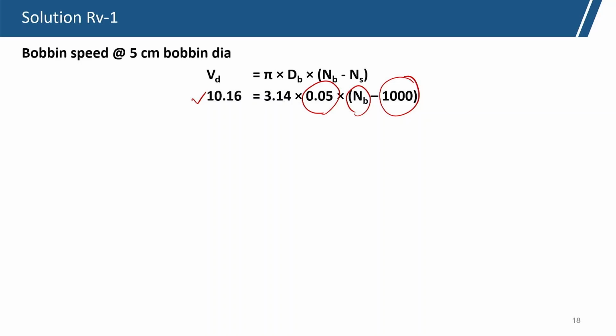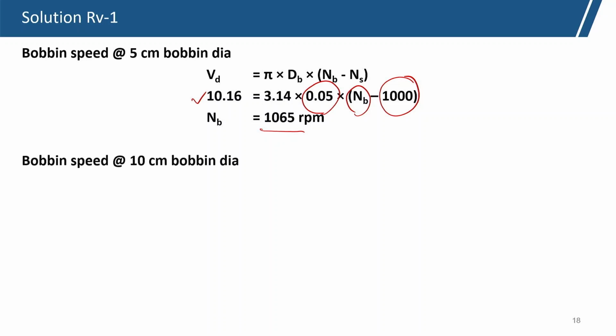So, from this equation we can calculate the bobbin speed at 5 centimeter diameter, and it is coming out to be 1065 rpm.